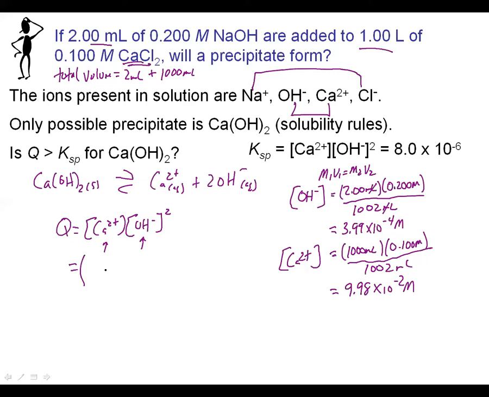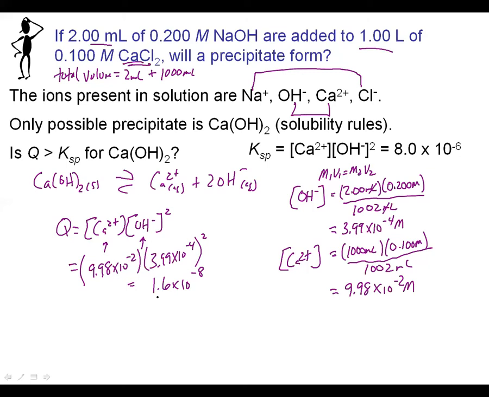So we'll put this into our Q expression. 3.99 times 10 to the minus 4, we're going to square it, and if we do that, it gives us something like 1.6 times 10 to the minus 8 as our Q value.